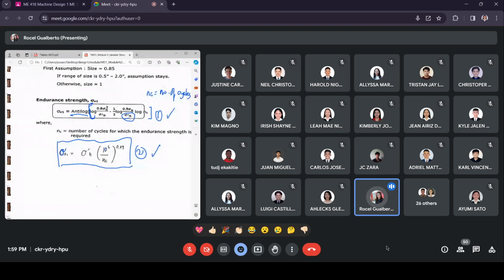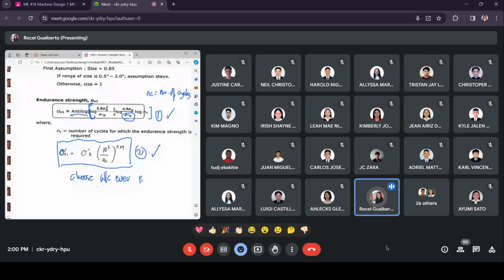Again, compute for sigma n1 using equation 1, then solve again for sigma n1 using equation 2. Then you compare the answers and choose whichever is lower in value.